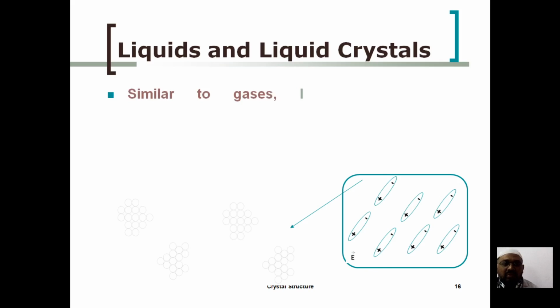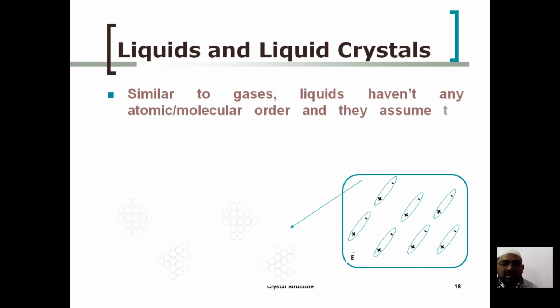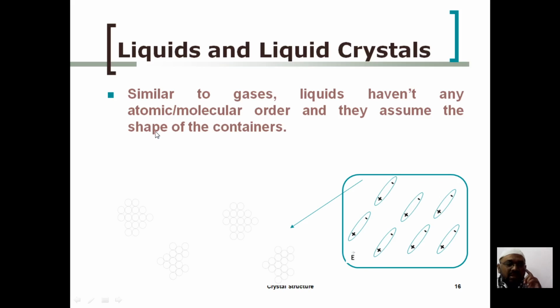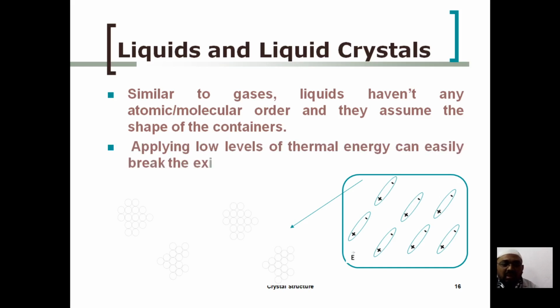When you go for the liquid or liquid crystals, the liquid will have some properties of the solid. Schematically, similar to the gases, you will find that liquids are not exactly in an order, but they resemble it, and they can take the shape of the containers.